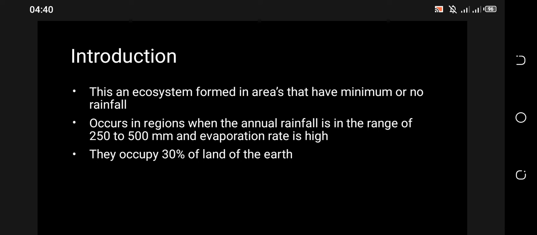It is in regions where the annual rainfall is in the range of 250 to 500 millimeters, and the evaporation is high. Once the water reaches the surface, it can easily evaporate in this type of ecosystem. They occupy 30% of land of the earth.